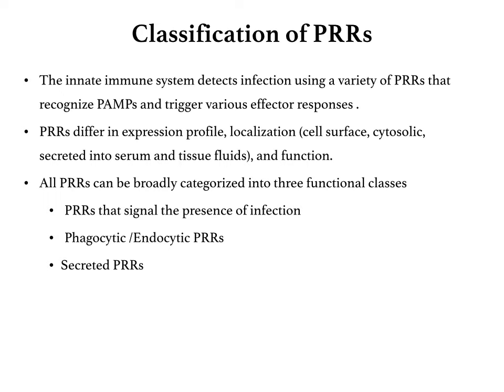So broadly, all the pattern recognition receptors are classified into three functional classes, that is, pattern recognition receptors that signal the presence of the infection. The second class is the phagocytic or the endocytic pattern recognition receptors, and the third is the secreted pattern recognition receptors.